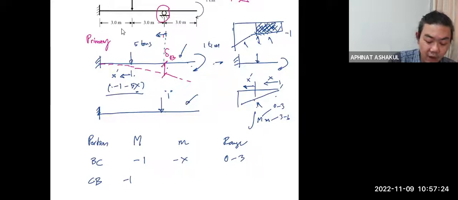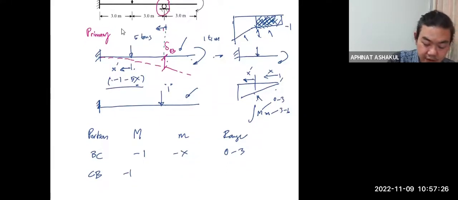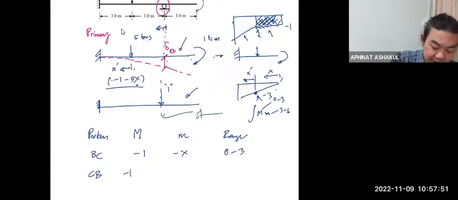And therefore, what's the moment here? It's minus 3, right? Because it's 3 meters. So if you substitute x equal to 3 here, you get minus 3. Or you can just again cut the free body diagram and you will see that if you cut the free body diagram here, your free body diagram is something like 1 and then minus 3, right?